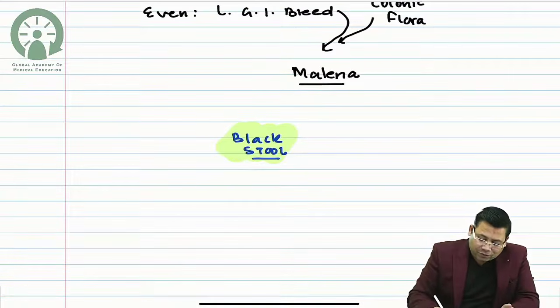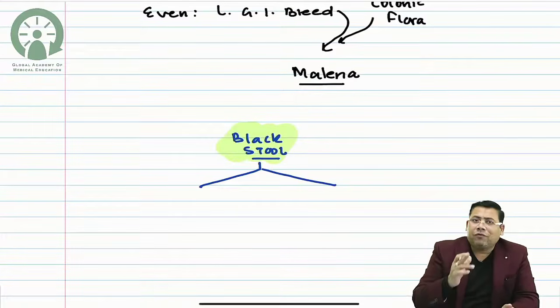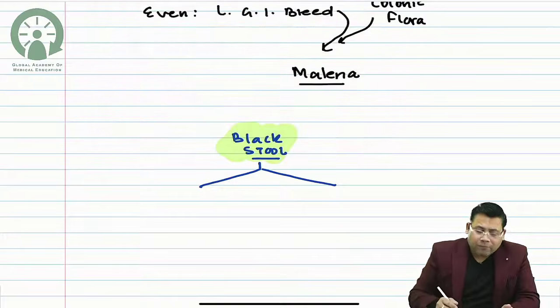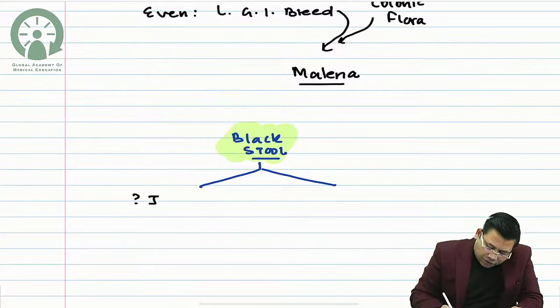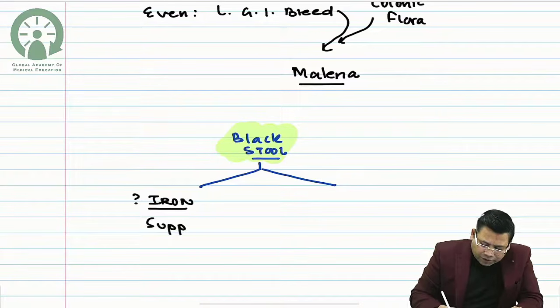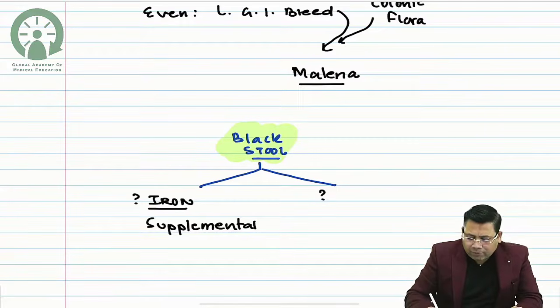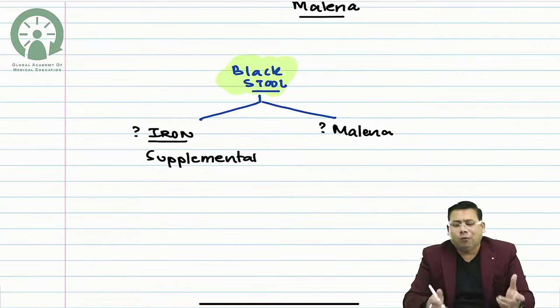Why doesn't it qualify? Because of two different points of view. First of all, black stool can be in case of iron supplementation, point number one. The second thing is, yes sir, it could be melena. So when you talk about iron supplementation versus melena, how do you decide?